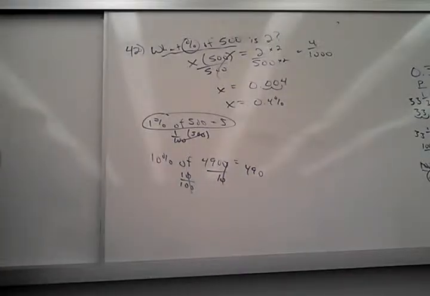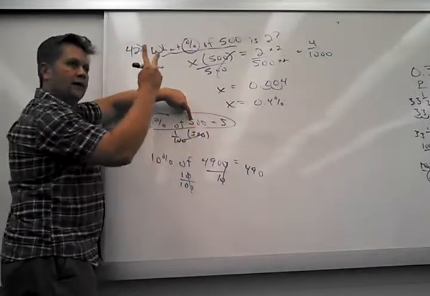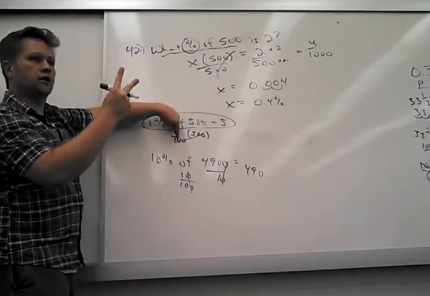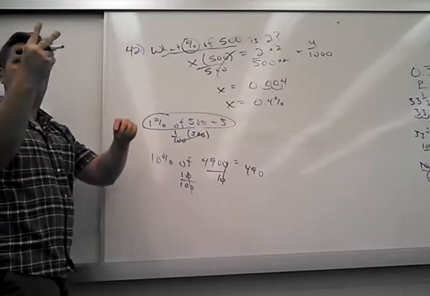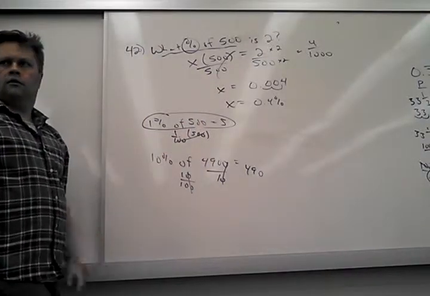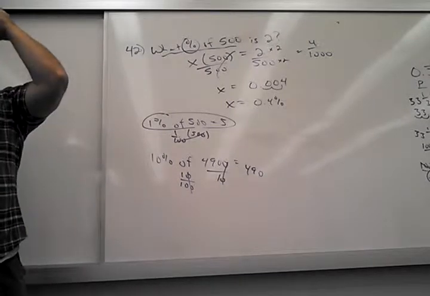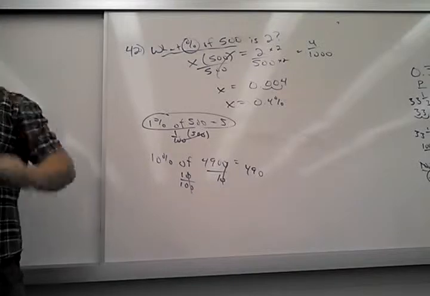If you're able to figure out 1% of something, 10% of something, all those are move the decimal place. So 1% of something would move the decimal twice, because it's 1 over 100. It's got 2 zeros. It's going to move the decimal back twice. 10% of something is going to move it back once. And that makes a lot of percentages so much easier to just guesstimate. And most of the time you really just need a decent estimate.